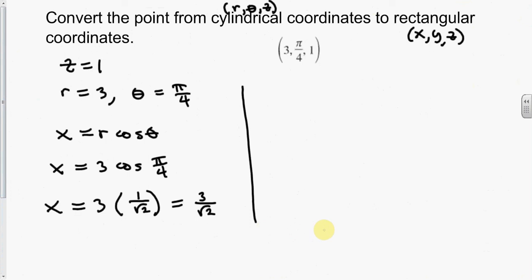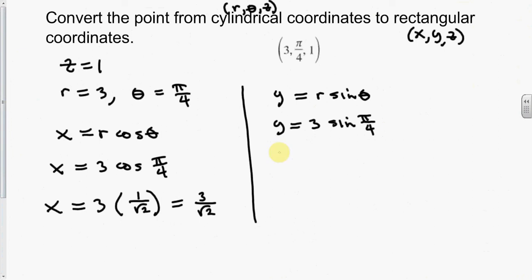So here, y is equal to r sine theta. So y is equal to 3 sine of pi over 4. On my test, you can't use a graphing calculator, but you can use a scientific calculator. I gave you a few pages back how I produce all the equivalents for pi over 4, whether it's sine, cosine, tangent, and I gave you that for a reason, because I knew these things would come up.